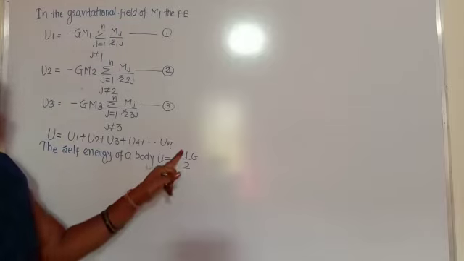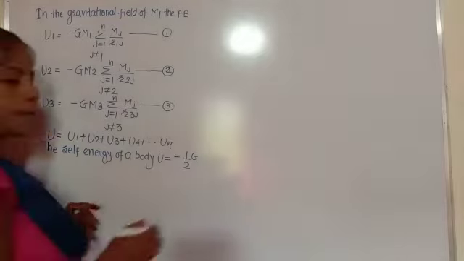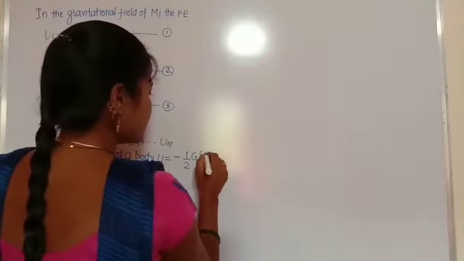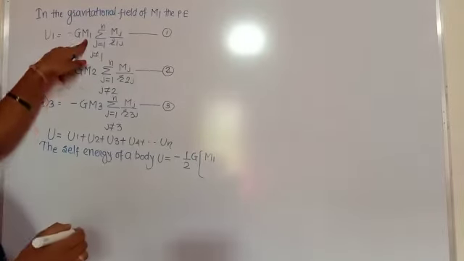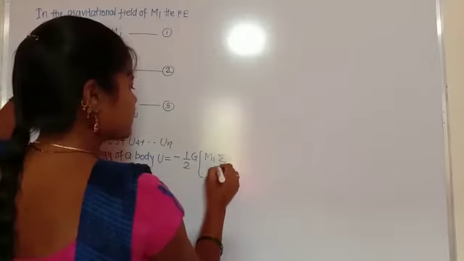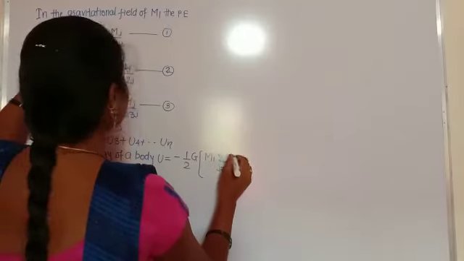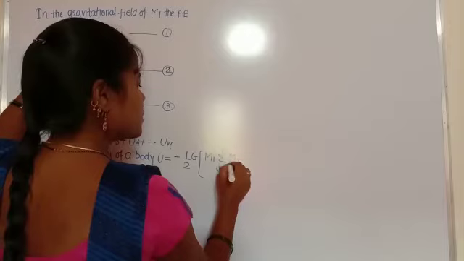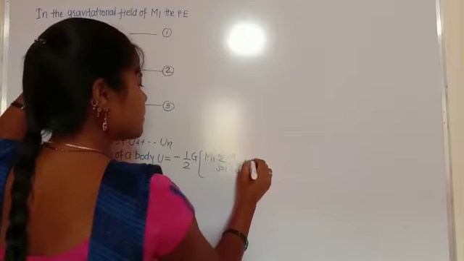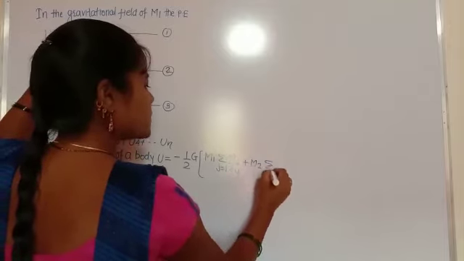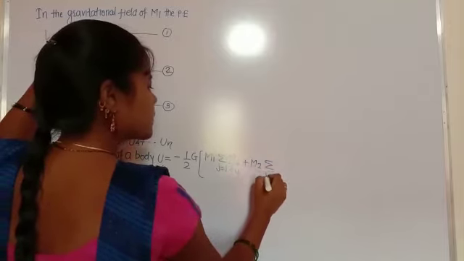So U equals minus 1 by 2 G times m1 summation j equals 1 to n of mj divided by r1j, plus m2 summation j equals 1 to n of mj divided by r2j, plus m3 summation j equals 1 to n of mj divided by r3j.